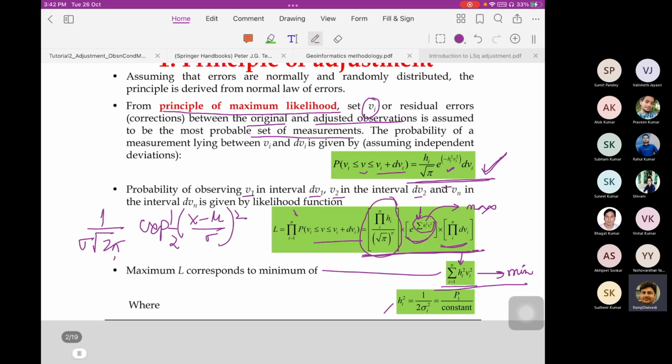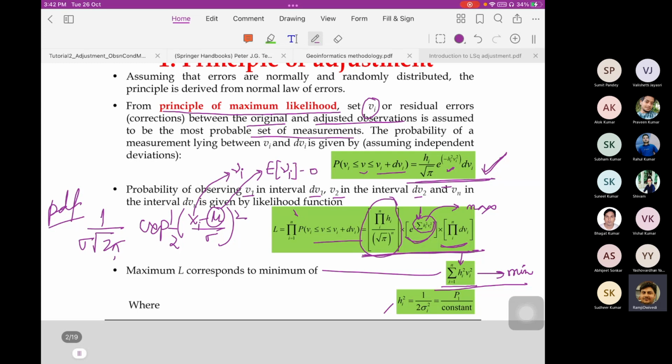And this is the probability density function, or PDF, for the observable. The observable is xi. But here you are talking about the errors, so this xi would become vi. But this mu, that means the expectation of the individual residual. What do you expect from your errors?